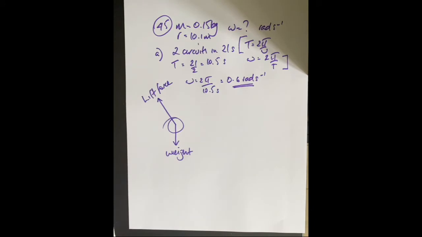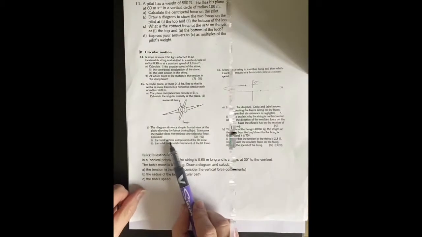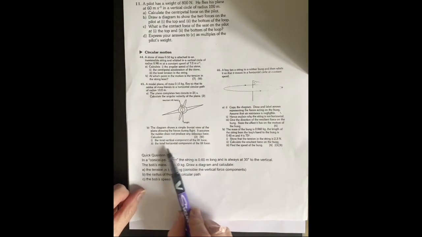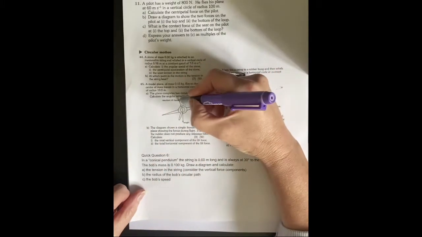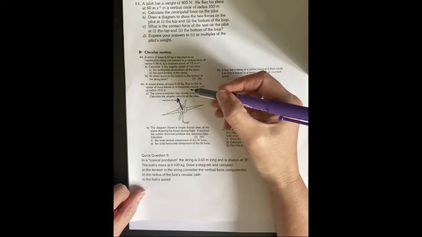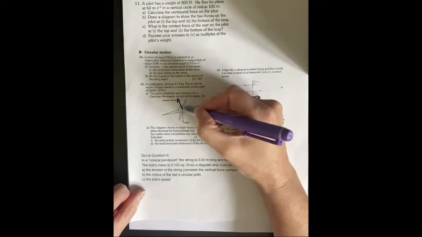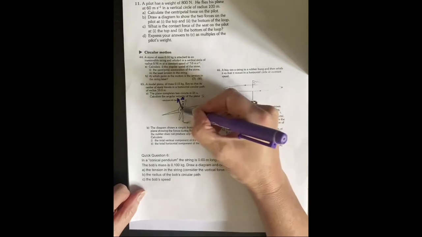Now we need, it says, the diagram shows a simple frontal view of the plane showing the forces during flight. It assumes there's no sideways force. Calculate the total vertical component. So we need the vertical component of the lift and the horizontal component of the lift. Yeah, so here's the lift force. But we are going to resolve that and replace it with a vertical component and a horizontal component, right?